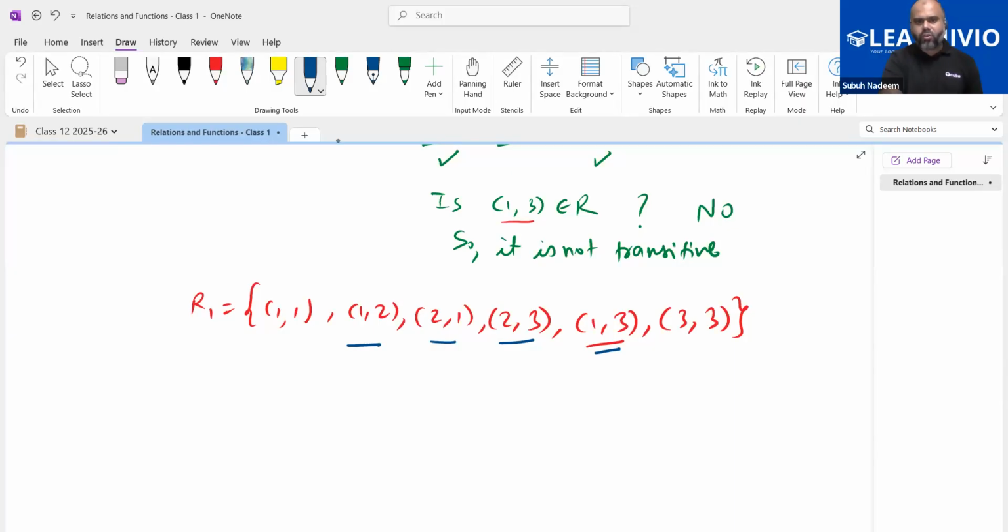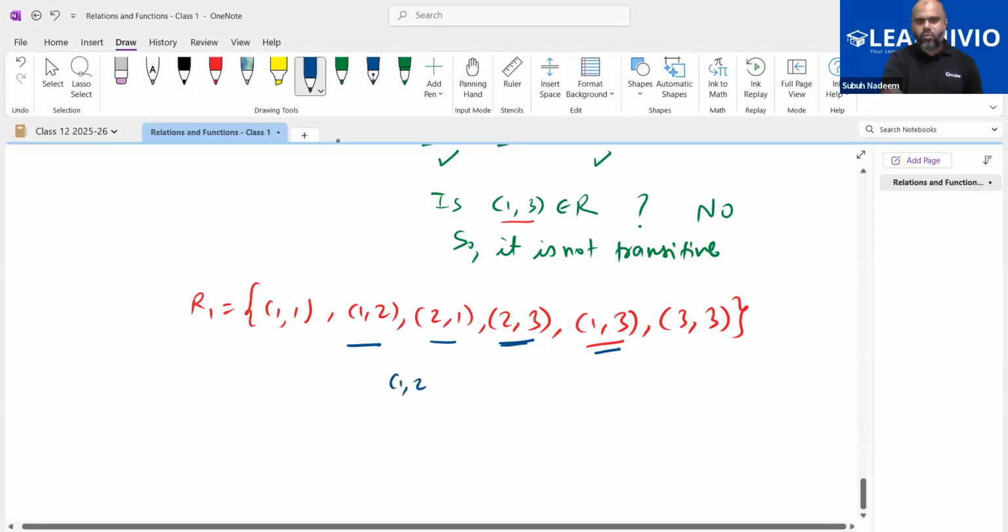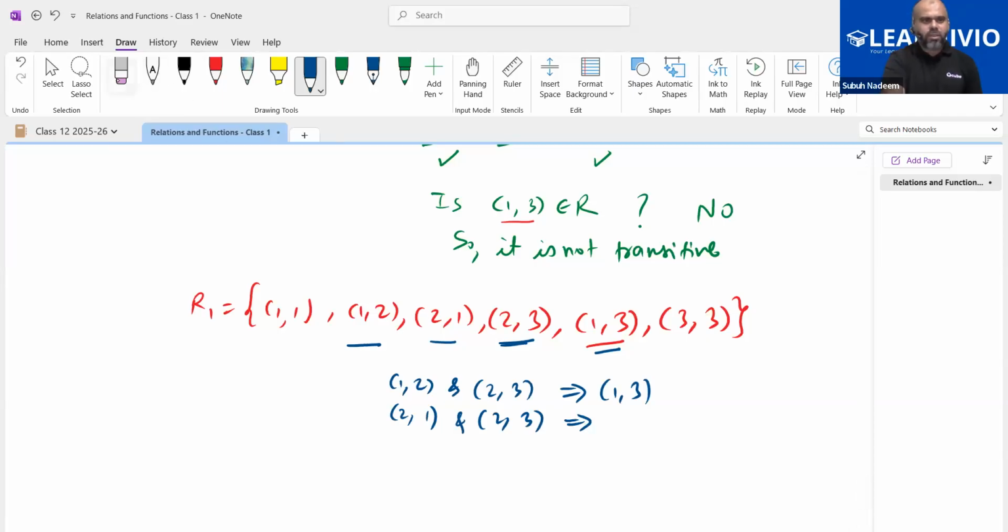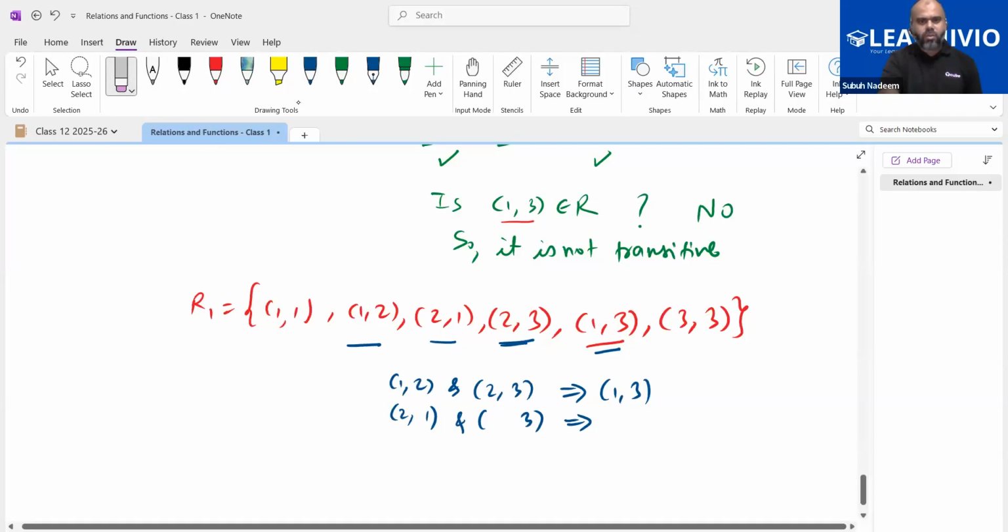(1,2) was there, (2,3) was there, then (1,3) was also there. Next is (2,1) and (1,3). Then do we have (2,3)?